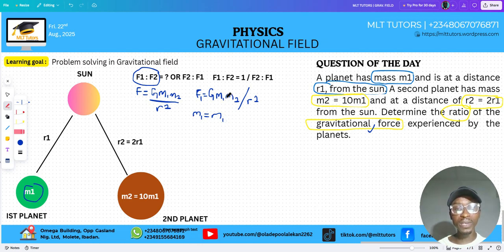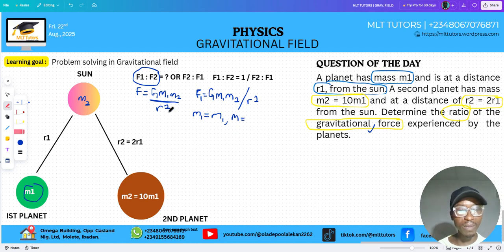Then what will be the m2 of the first planet? The m2 of the first planet will actually be the mass of the sun, because the question is comparing the distance between the sun and another planet. So m2 will be the mass of the sun.